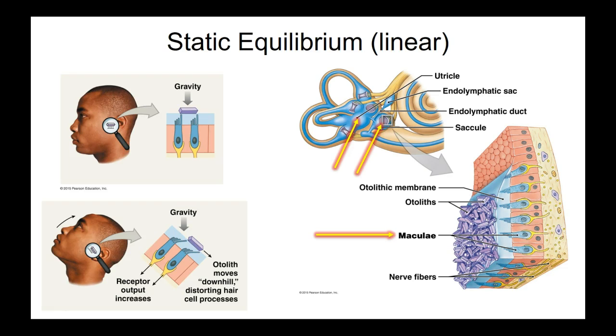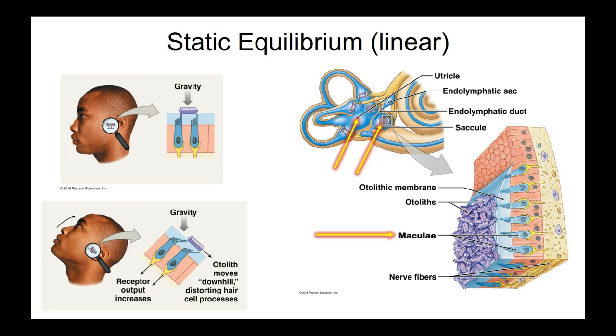All right, and so here, these are really involved with changes in gravity. Right? So here we're really using gravity to help move the hair cells by this otolith and otolithic membrane combination. So is that clear to folks how this system works?